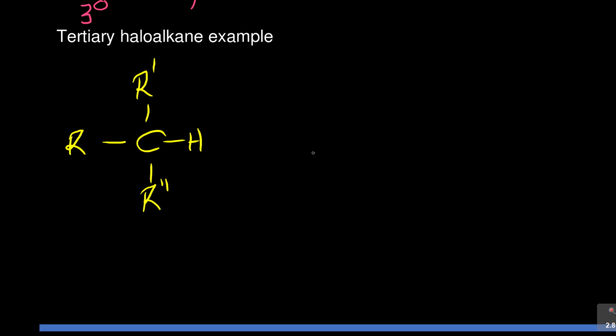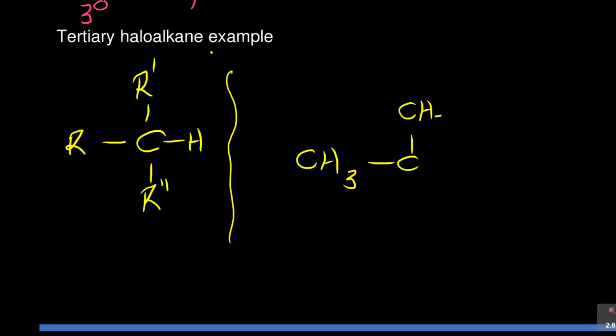Just want to show you. Let's say in here I've got CH3, and then I've got CH3, and then here I've got my halogen, and then here I've got my CH3. Now look at this.